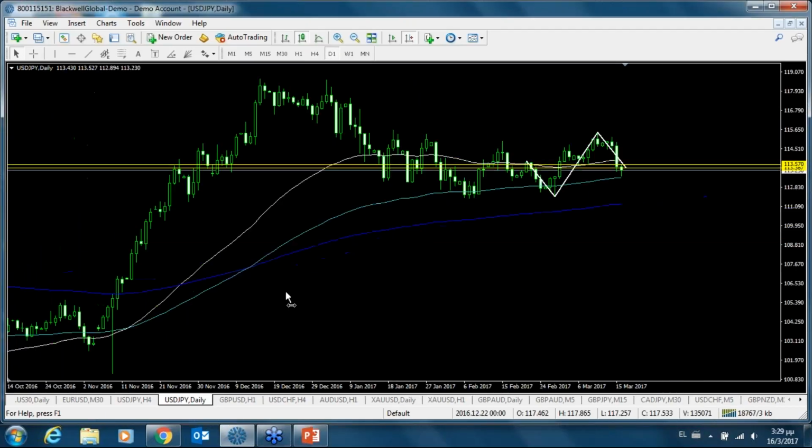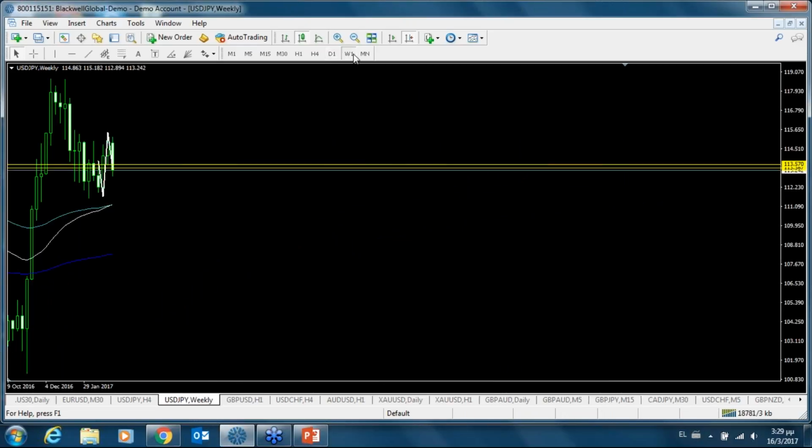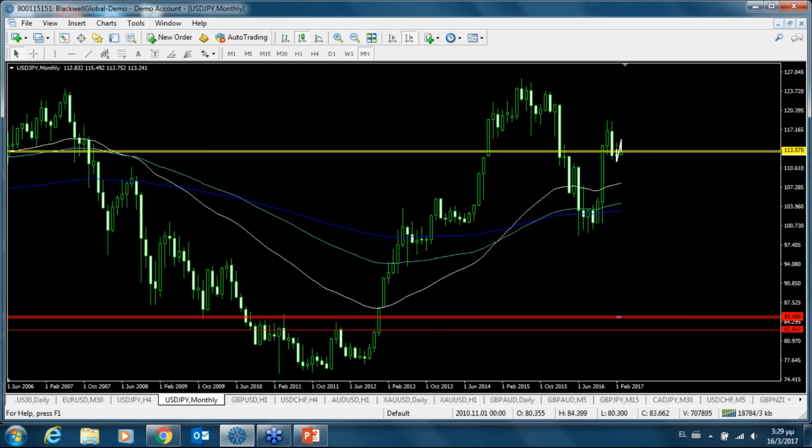Then as you go onto the daily chart, you can see that it's a little bit unsure, there may be a potential support there, but this is based on the daily chart, so that's the longer term. But what if you go onto the weekly chart and the monthly chart? You can see that it is still supporting an upward move.